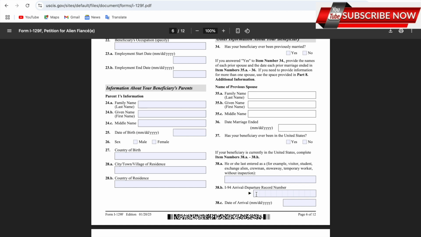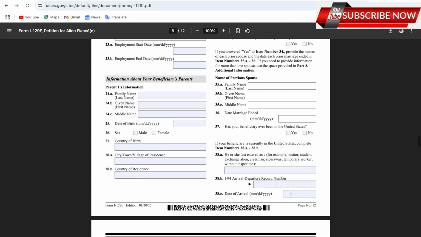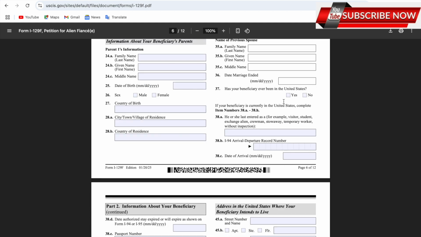If you came here legally, you will have an I-94. If you came here illegally, you don't have an I-94, which means you were not checked at the airports. If you were checked at the airports, you will have this information. And the date of arrival, the day that they arrived into the country, you put it right there.